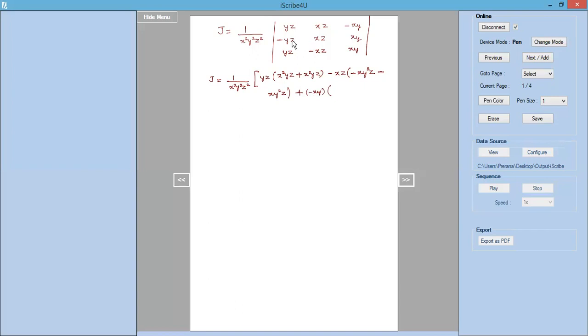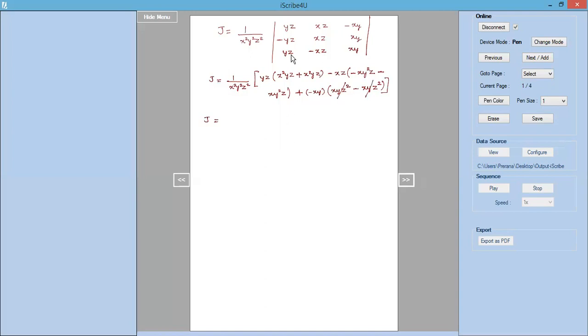Then we have minus yz into minus xz, which gives us positive xyz square, minus xyz square. This is minus into minus plus xyz square. So this is minus xyz square. This is getting cancelled. So last term xyz square is getting cancelled.